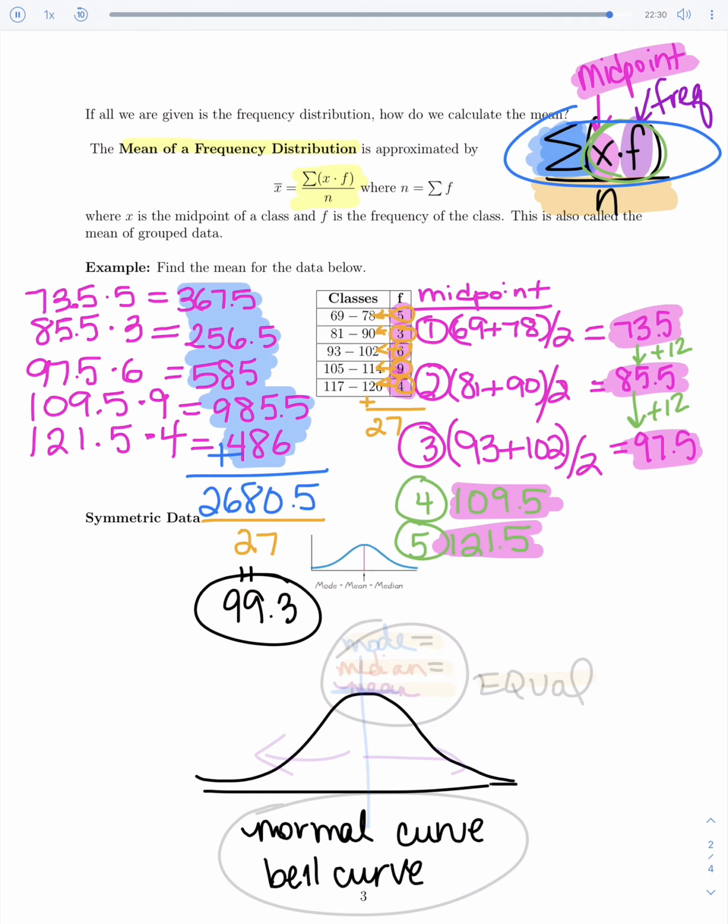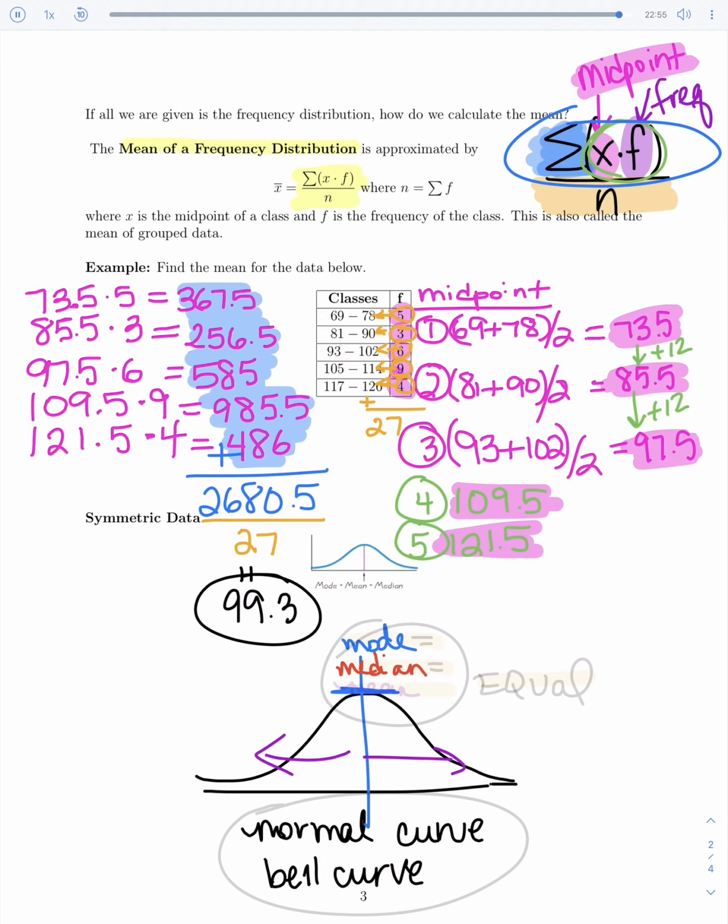The idea is because the highest value of this curve is in the middle, this is where our mode is going to happen. Notice it also happens to be smack dab in the middle, so this also happens to be the median.